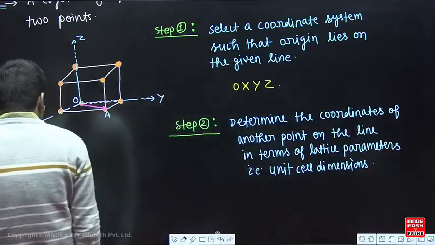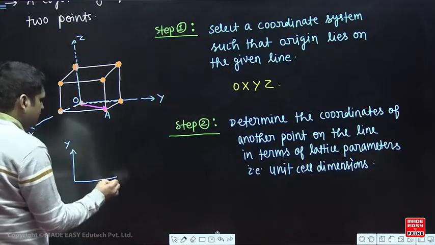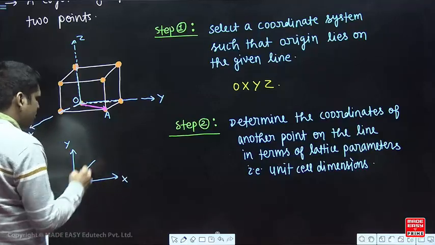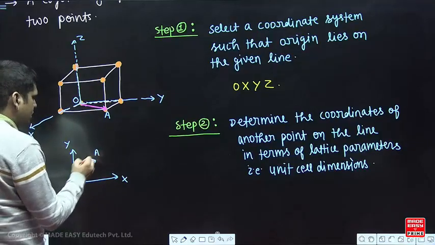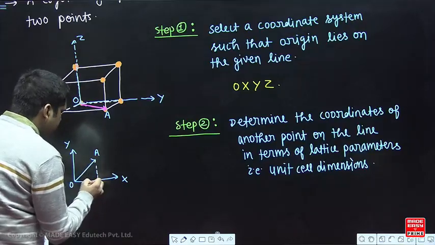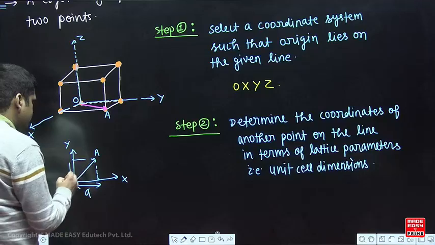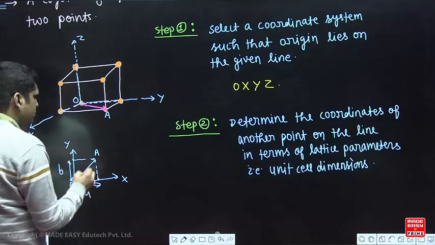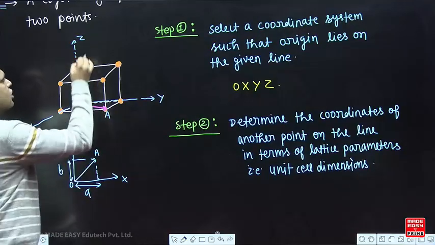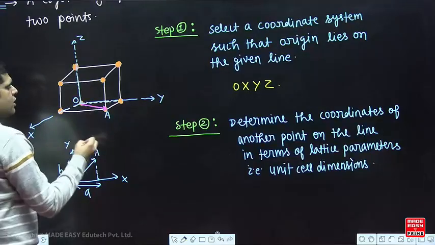You see, my dear friend, let us suppose it is the xy plane. So this is y and this is x. This is your line A and O. This line is cutting the x axis here. This point is what? A. And it is cutting here. This point is what? B. This line is not going into the z direction. So this is entirely in the x and y plane.